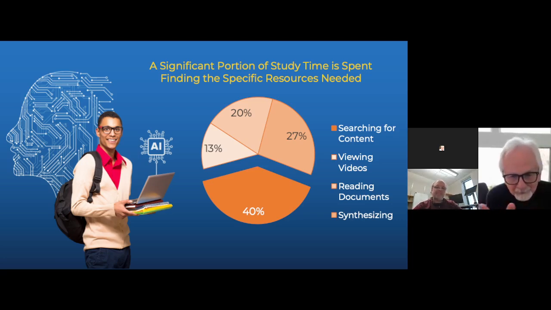This is not an official scientific study, but a large percentage of the time a student has is spent simply trying to identify the content they should be studying. It's not always obvious to the student. And so here is where we think we can make a contribution. Can we reduce the amount of time it takes for students to find the content they need?